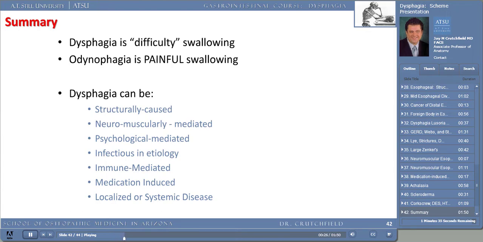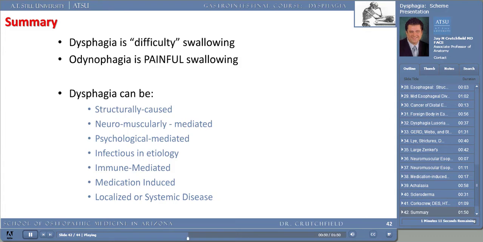Also remember that dysphagia can be structurally caused or neuromuscularly mediated. It can be caused from medications or from a localized disease such as tonsillitis or a systemic disease like syphilis.